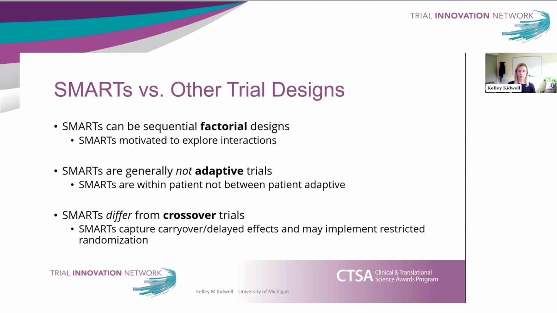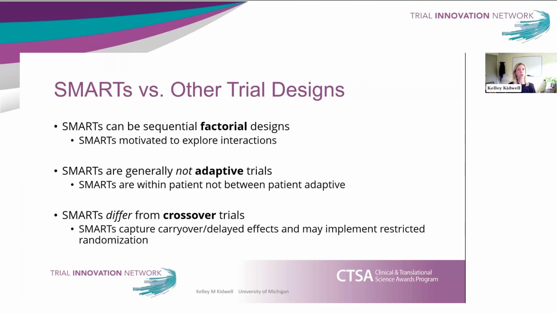That's using some patient data to affect what the trial looks like for future patients. Whereas in the SMART, we're usually not doing that, right? There are adaptive SMART designs, but generally the standard SMART is not adaptive. Within a patient, their treatment can change based upon their response or non-response, but all of this has fixed operating characteristics within the trial and is not affected by another patient's data.